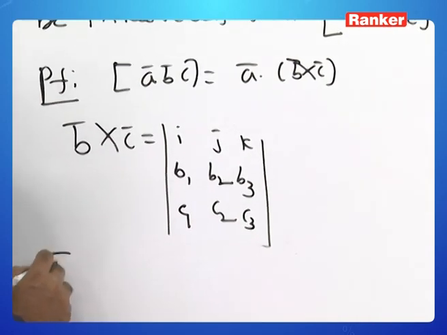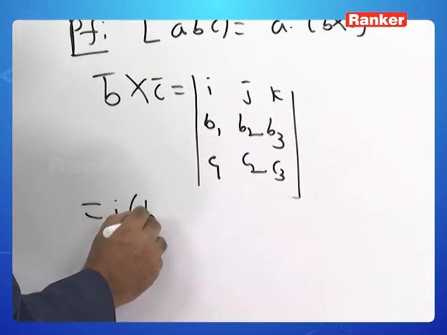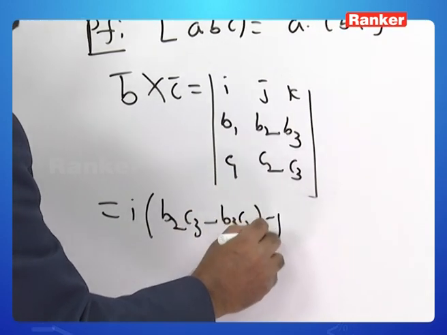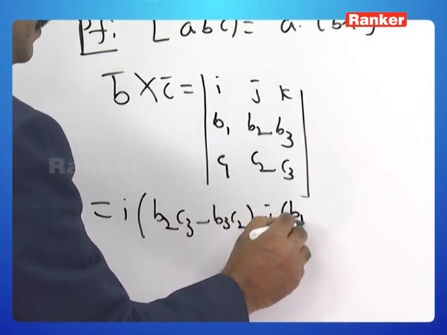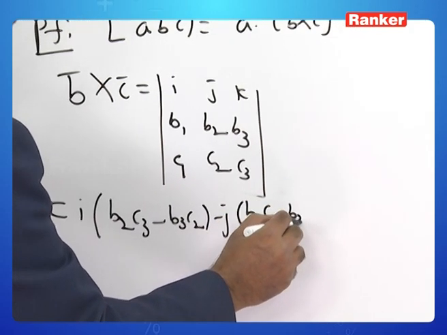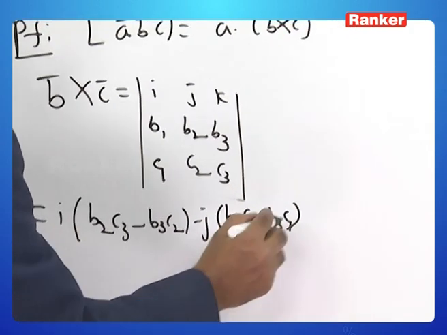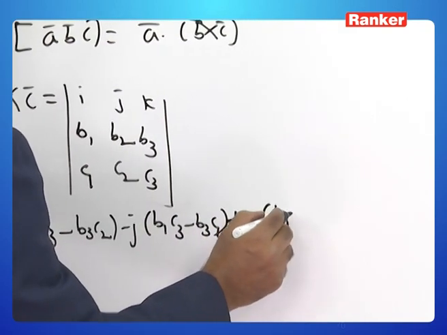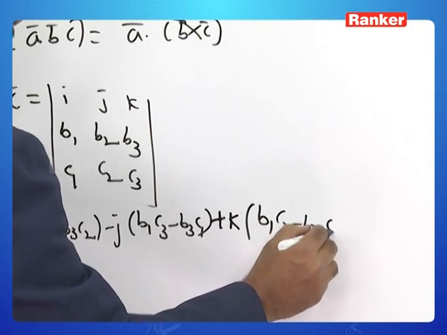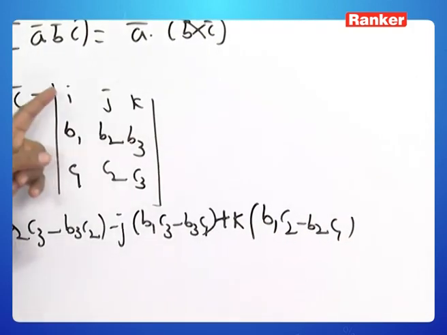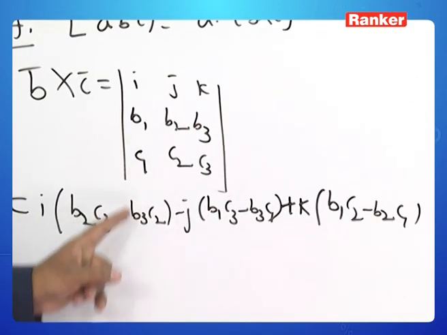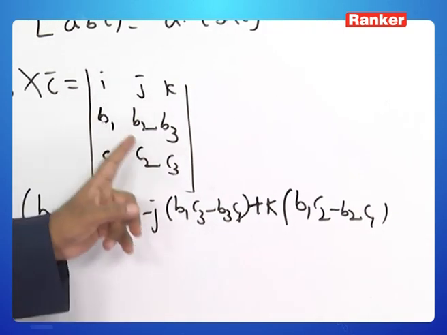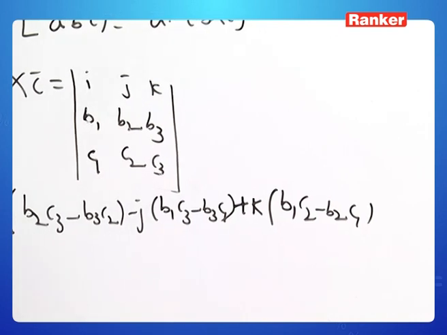Now I will write i into B2 C3 minus B3 C2, minus j into B1 C3 minus B3 C1, plus k into B1 C2 minus B2 C1.